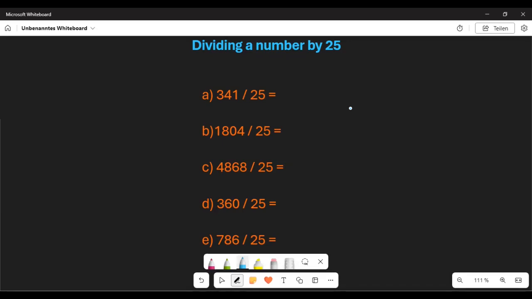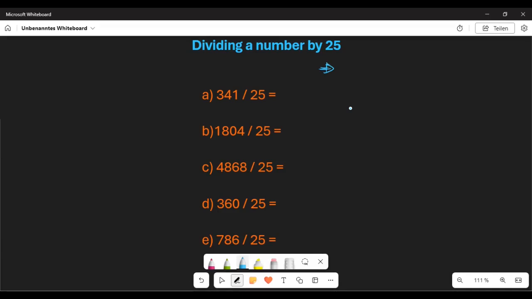Before we divide a number by 25, we have to talk about the two steps that are very crucial for this computation to be successful and also easy and in the shortest time possible.